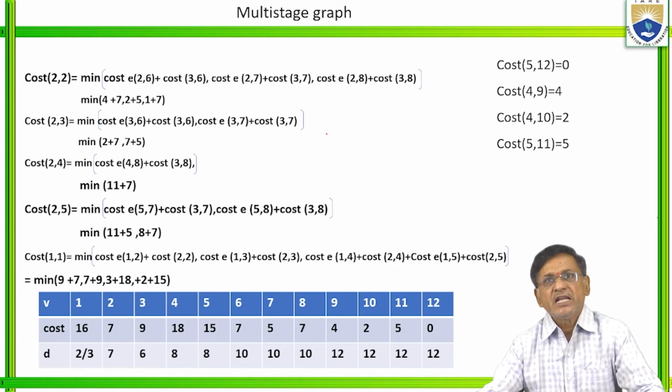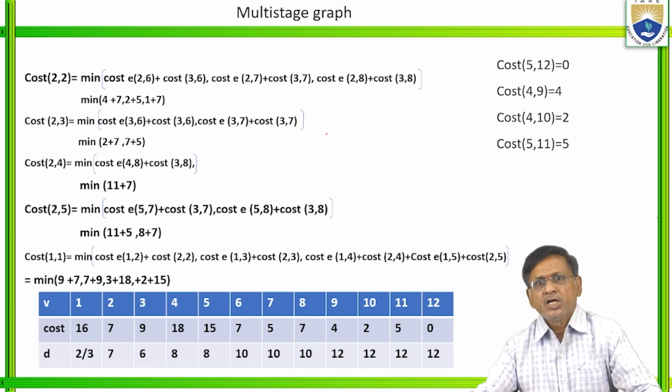So there are 3 values, and we have to consider the minimum value. That minimum value is 2 plus 5, which is 7, corresponding to vertex 7. So for vertex 2 the cost is 7, corresponding to the destination 7.